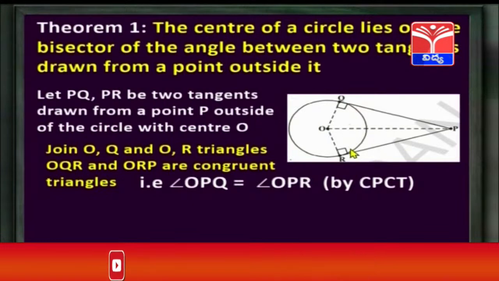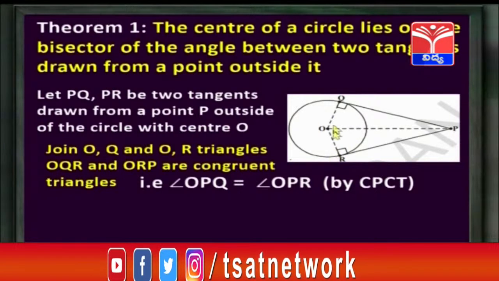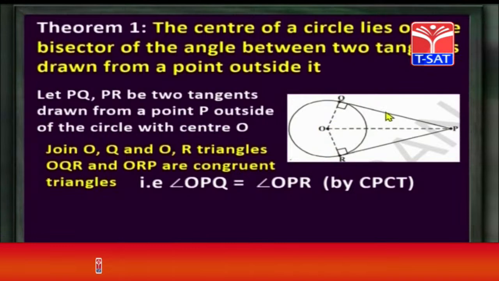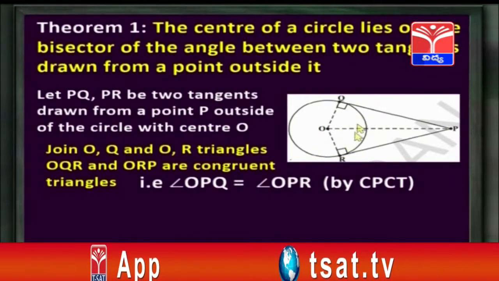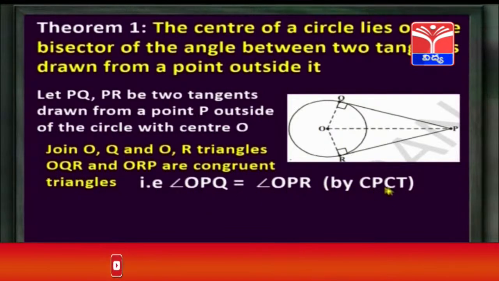So, we can prove that these two triangles are congruent, because OQ and OR are equal radii of the same circle, and OP is common. Then we can say angle OPQ is equal to angle OPR by corresponding parts of congruent triangles.